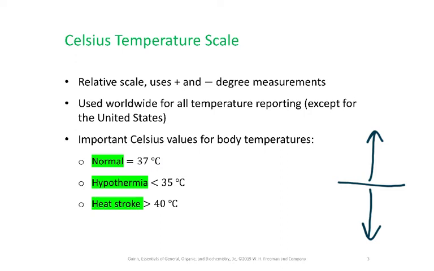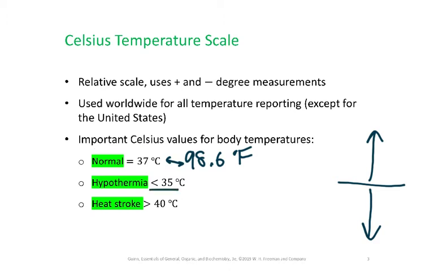It's also often used to take body temperatures. So we probably have this number in our minds of 98.6 degrees Fahrenheit, and we can talk about that in just a moment. That would be equivalent to 37 degrees Celsius. So that's normal body temperature.